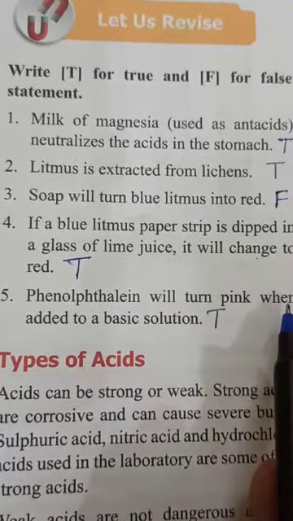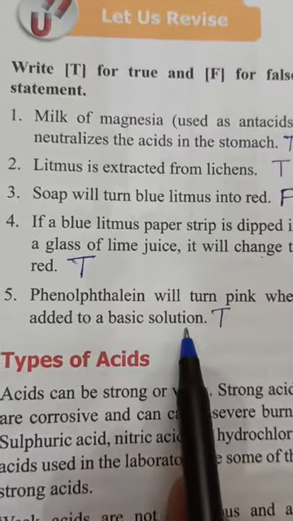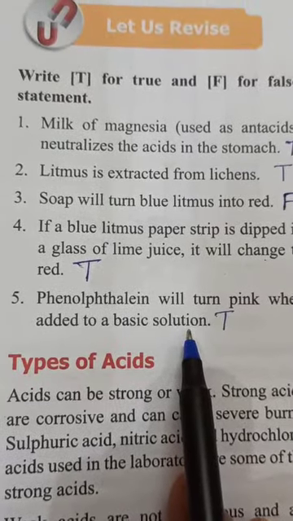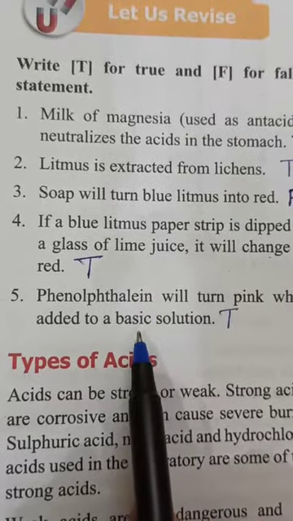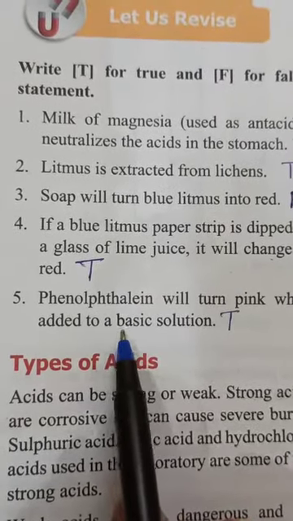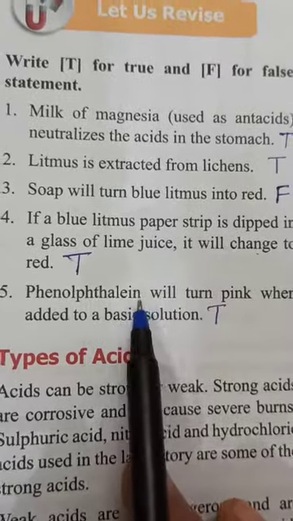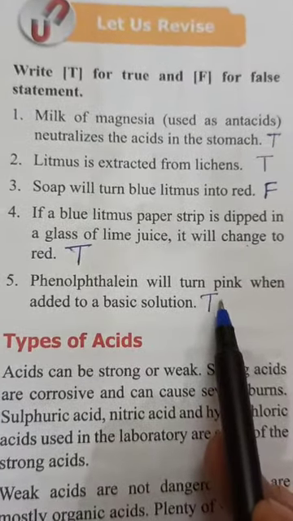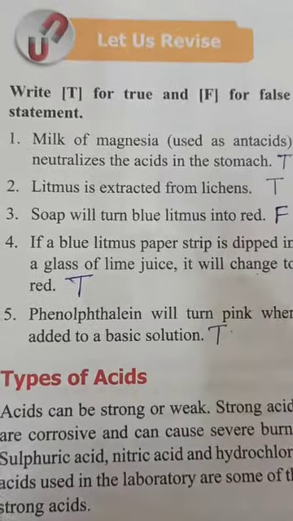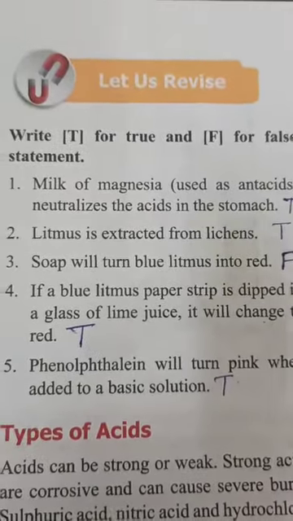Phenolphthalein will turn pink when added to a basic solution. Just now we have seen that phenolphthalein is colorless, but when we use it with the bases or with a basic solution, then it will turn pink. So it is true.